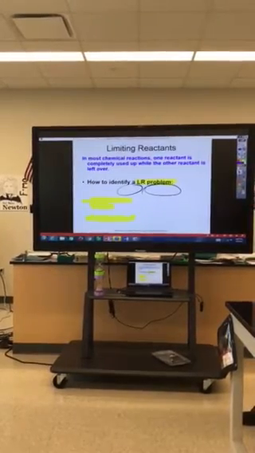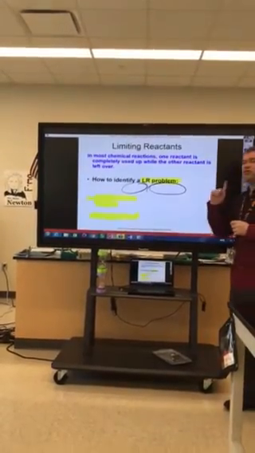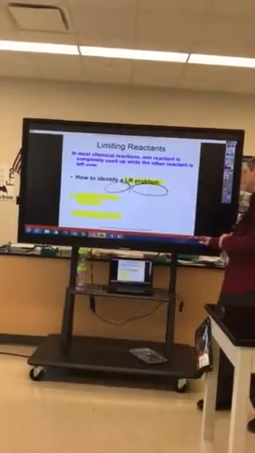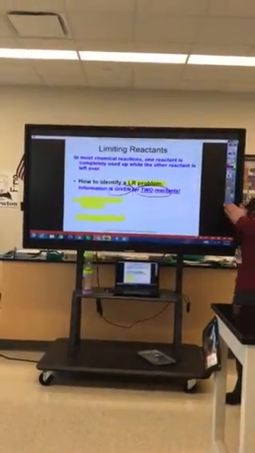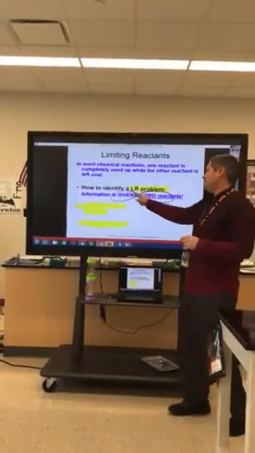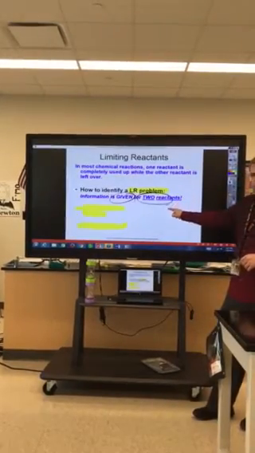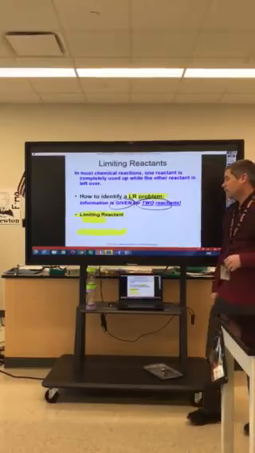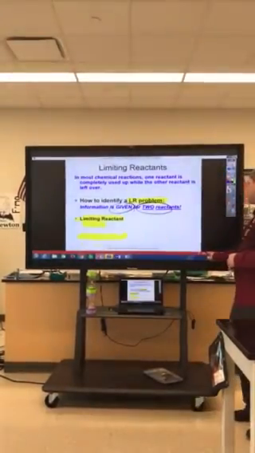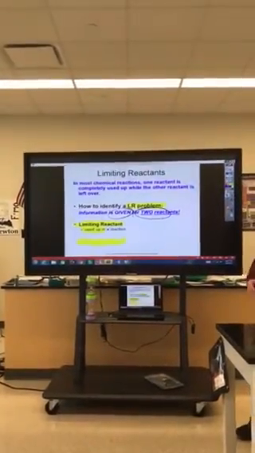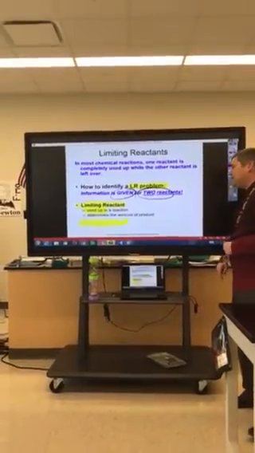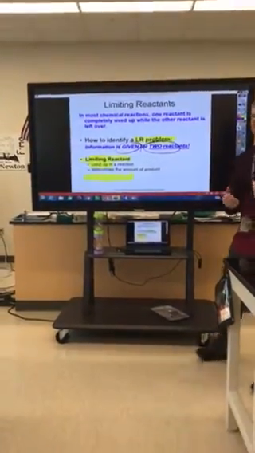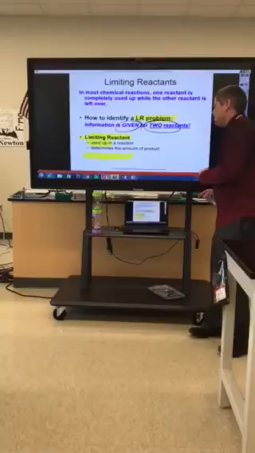How to identify the limiting reagent problem? Information is given for 2 reactants. Limiting reagent: used up in the reaction, determines the amount of product we can have.